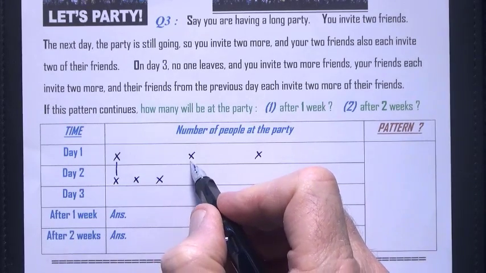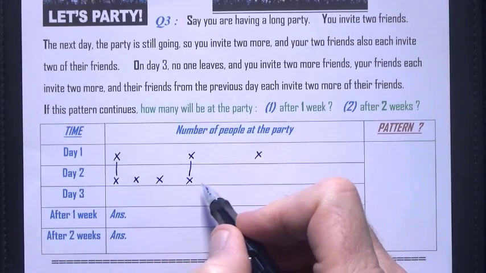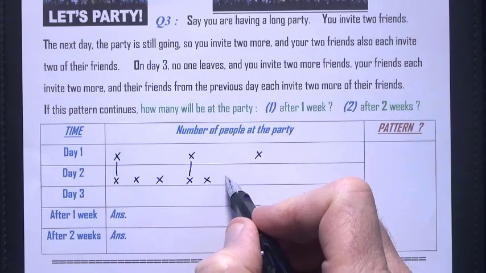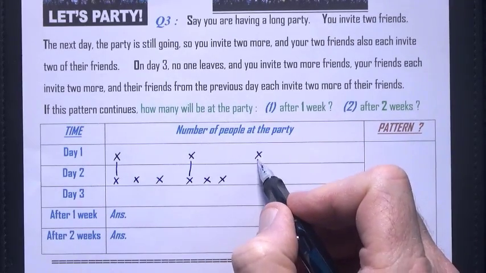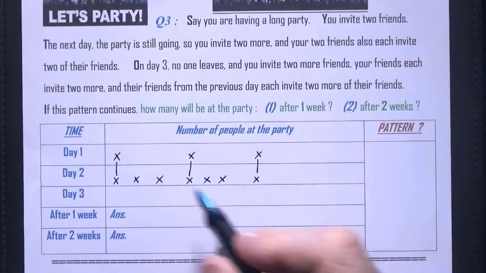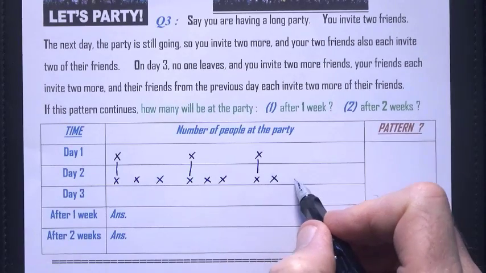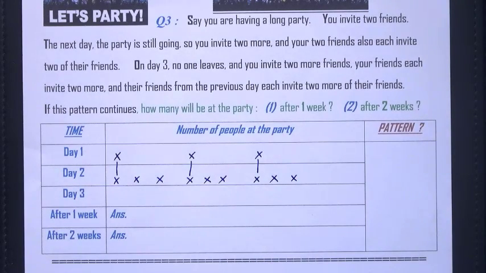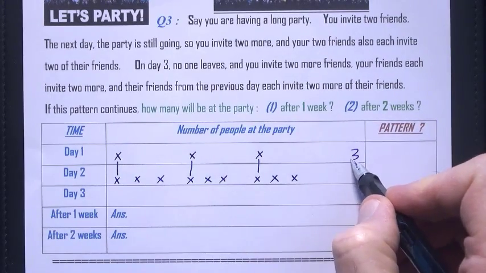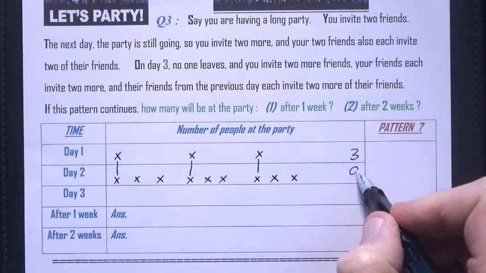Your friends continue at the party, and they invite 2 more of their friends. Each of them invites 2 more. So after day 1 we have 3 at the party, and after day 2 we have 9.